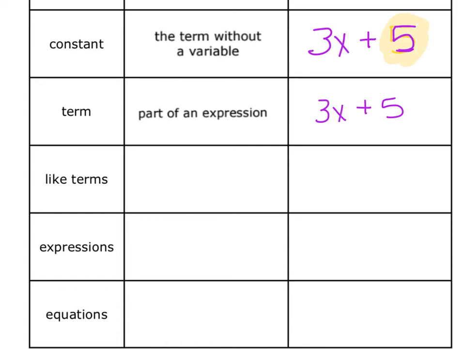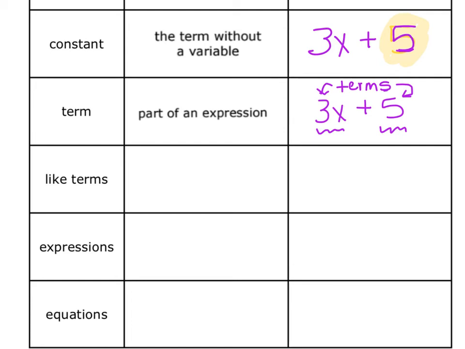Here's one term, here's another term. This term happens to have a coefficient and variable. This term happens to be a constant. Together, they create an expression. I didn't highlight anything because it would be the whole thing.